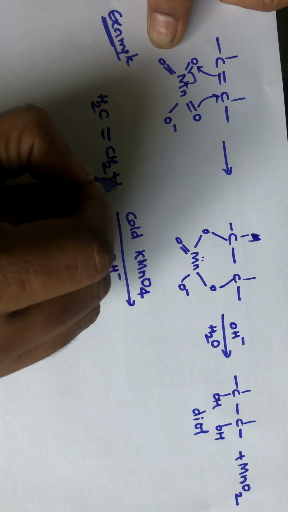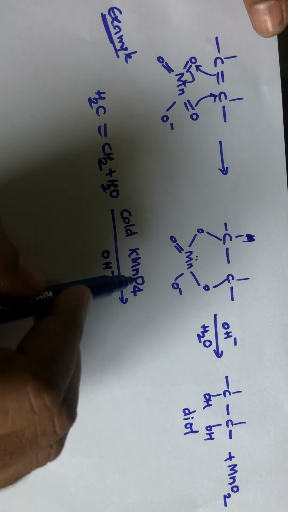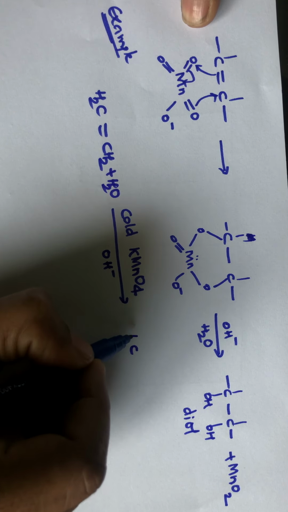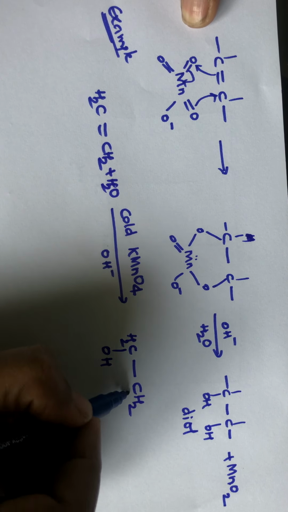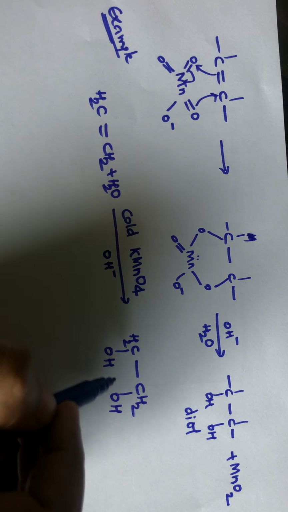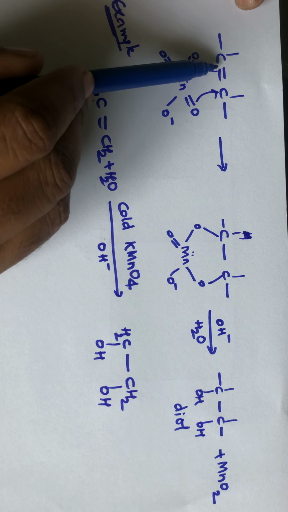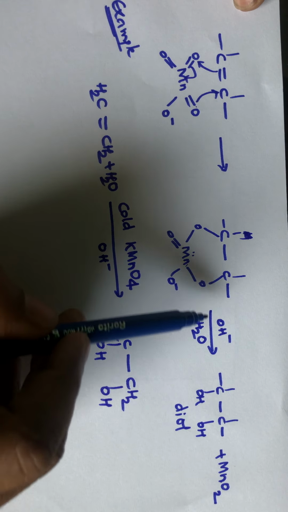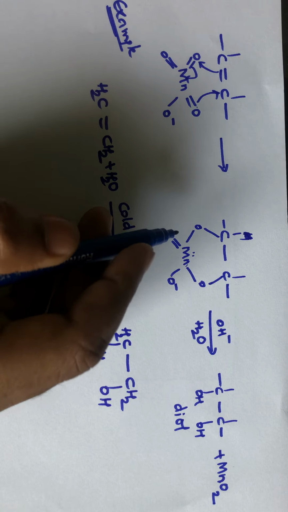The reaction takes place in presence of water. Basic medium is required. So across this double bond, you get CH2 single bond CH2 with OH and OH. Addition of OH takes place on the same side, so this is called syn addition. This oxygen attacks this carbon, so you get a cyclic intermediate. When treated with OH minus and water, you get OH, OH.